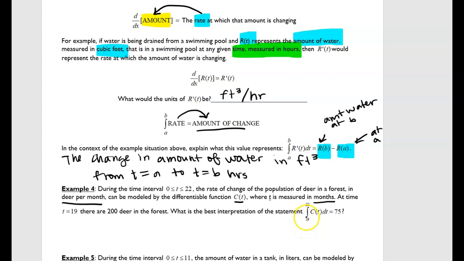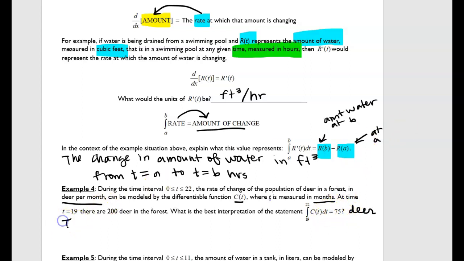So if you think about what we just talked about, c of t was measured in deer per month. If I integrate this, this is going to give me deer. So this is saying something about 75 deer. And so that means it's actually talking about the population. So if c of t was the rate that the population changed, then the antiderivative will be the amount of population change. Since this is positive, then that means the number of deer increased.